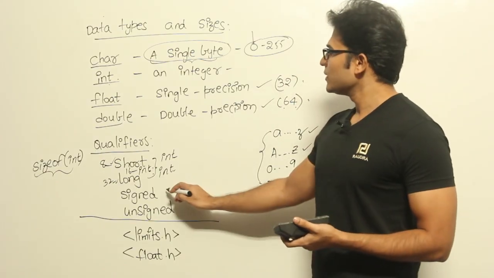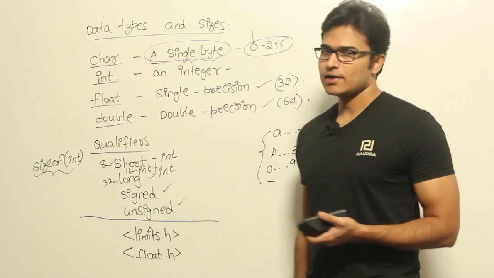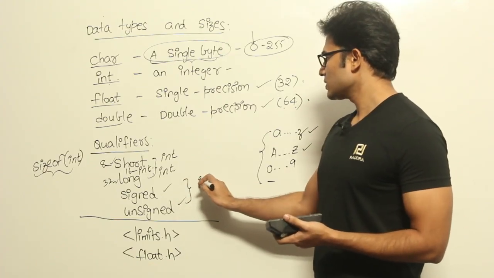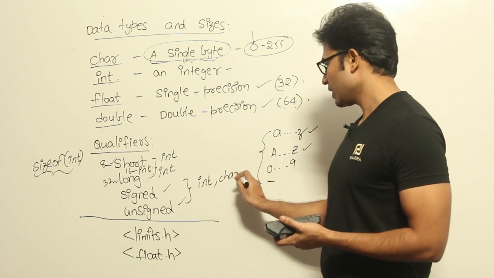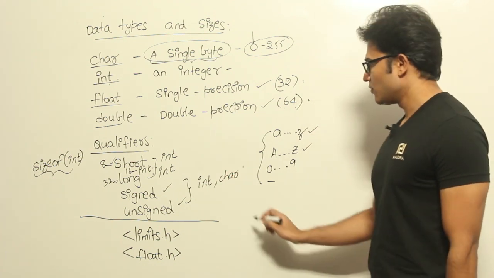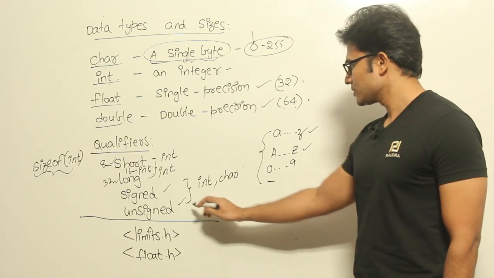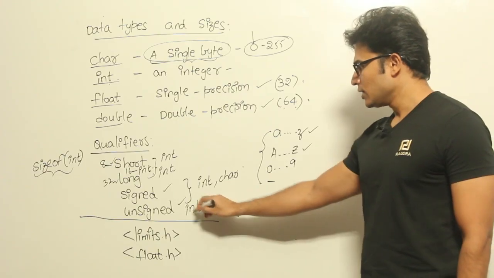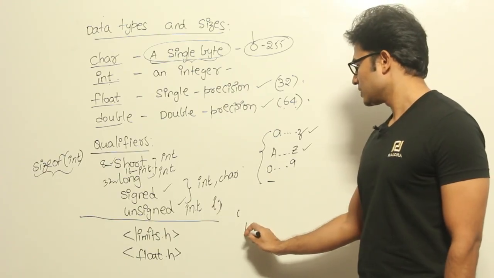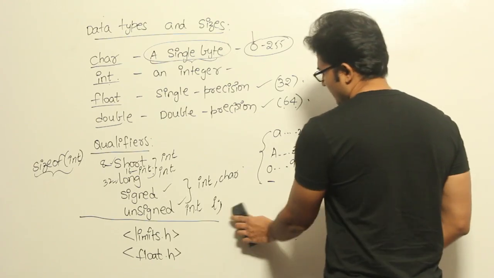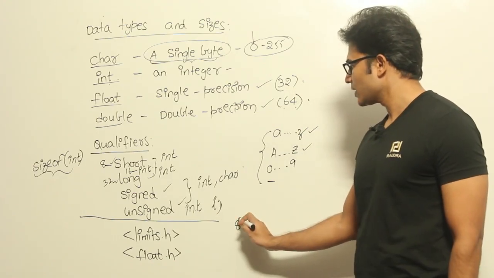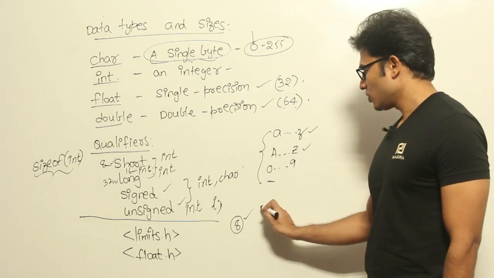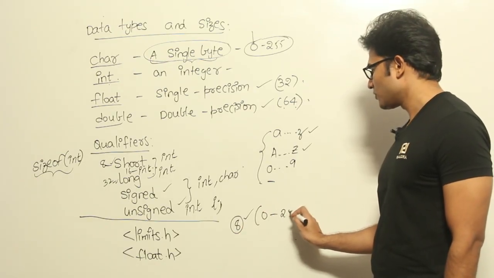Okay, and similarly we can use unsigned and signed as qualifiers. Now these unsigned and signed are generally used for integer and character types. What is the meaning of unsigned and signed? If you write something like unsigned int i, then the meaning is, if the size of int is, let us say, 8 bits, the values it can hold are all unsigned numbers, and so they will start from 0 and end at 255, right?